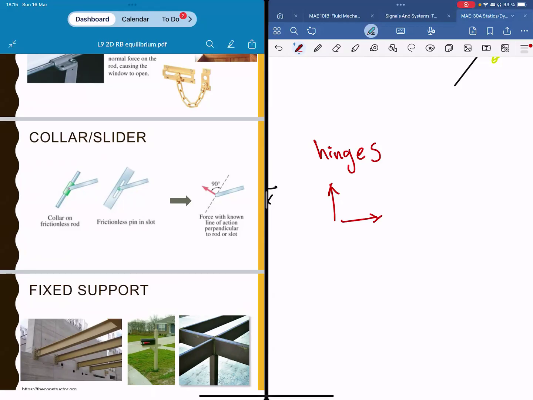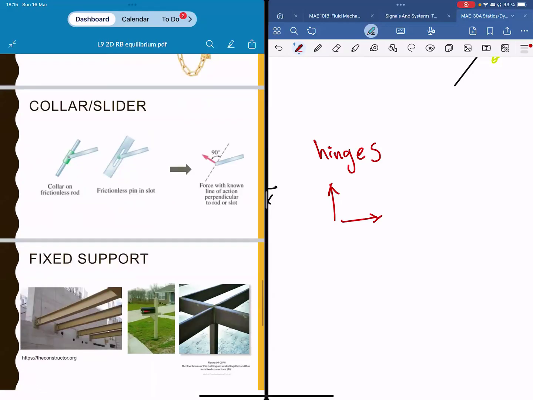So it's like a combination of two types of supports. And we saw in class when Brian gave us a universal joint that the joint was able to rotate around two axes, since it was composed of two different hinges and one support.